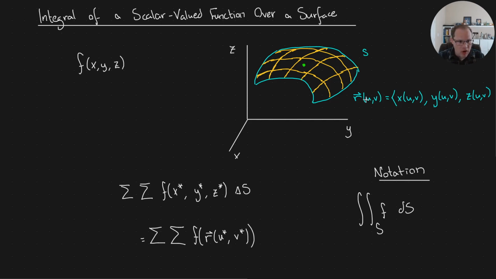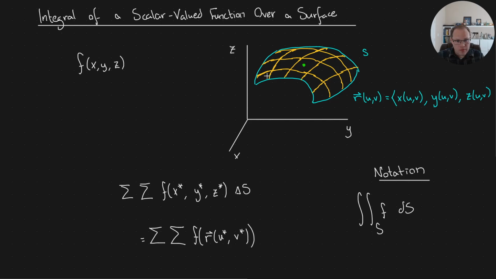If we think about the derivatives of this vector valued function, our parameterization here, then the derivative with respect to u is telling me how much I'm changing on the surface as I change my parameter u.